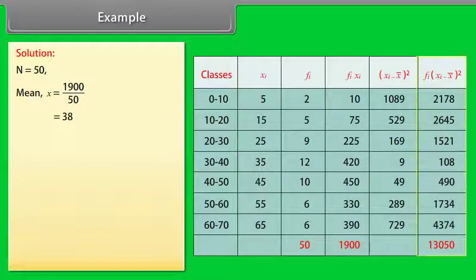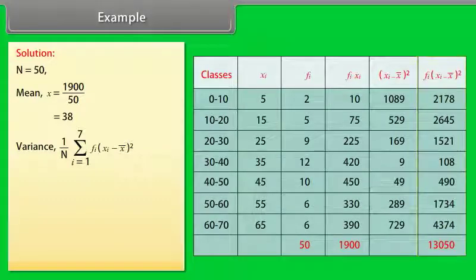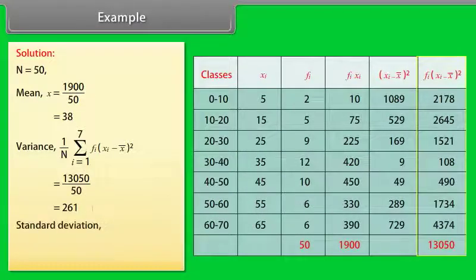And then we find the variance by summation from i = 1 to 7 of the product between frequency and the squares of the difference between xi and x bar. It is found to be 261. After that, we find standard deviation by taking the square root of 261, and it is found to be 16.155.